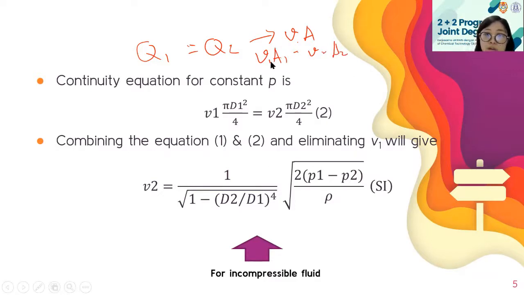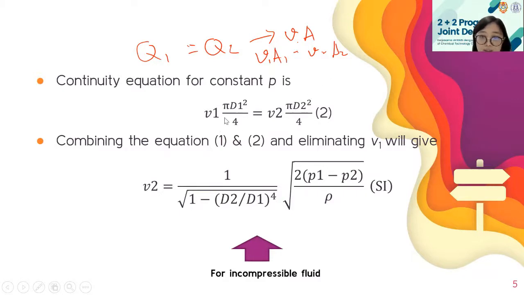Okay, so I will expand this again. V1 times A1, where A1 is the area of the pipe at point 1. So pi times D1 squared over 4 equals V2 times pi times diameter 2 squared divided by 4.